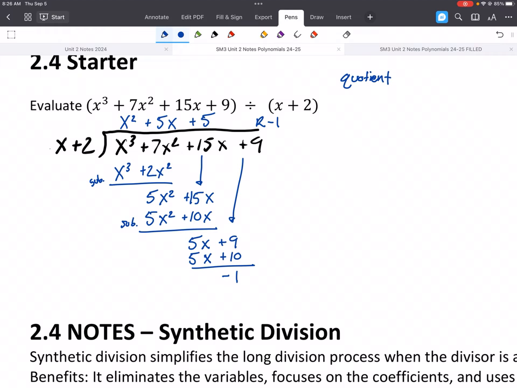Again, the quotient is x squared plus 5x plus 5. Plus, we want to add the remainder over the divisor. So again, the remainder here is -1, and the divisor is x plus 2.